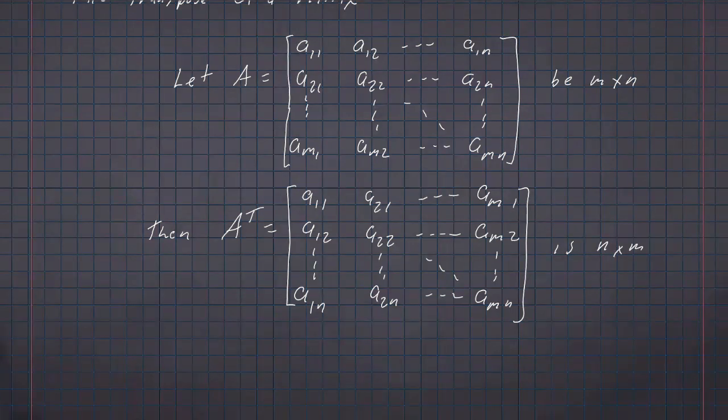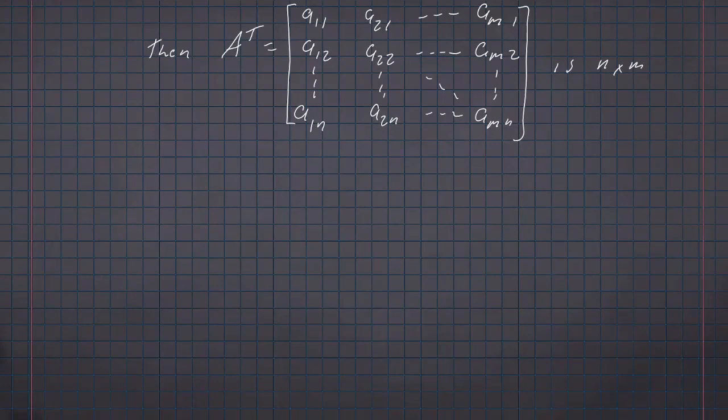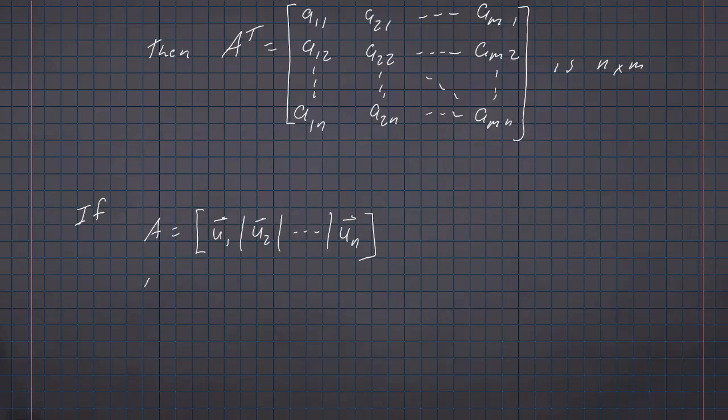And we've got a couple of things that we can do with the matrix transpose. If instead of talking about a matrix in terms of its individual elements, we have a matrix which is defined by a sequence of column vectors, then the transpose of that matrix will be a sequence of row vectors.